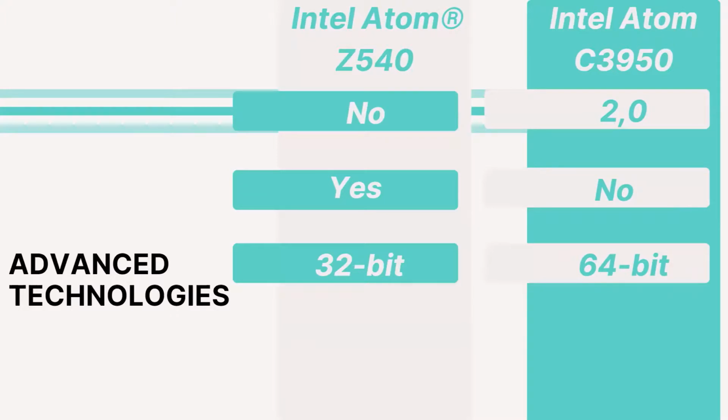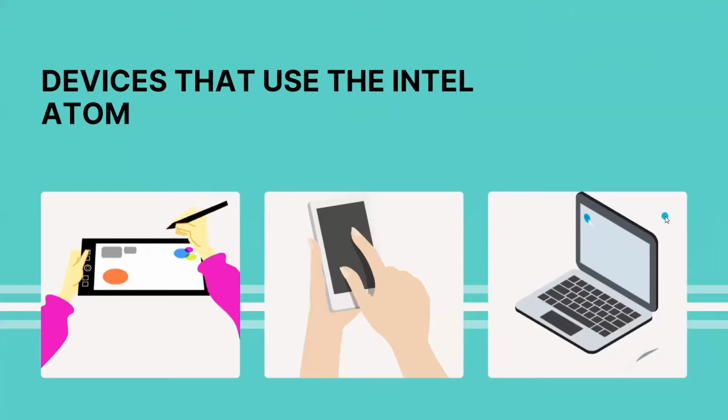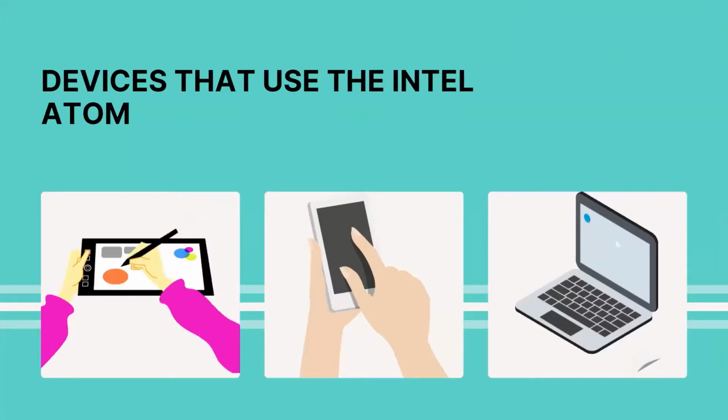The C540 has 32 bits, while the C3950 has 64 bits. As the last comparison is the device that uses the Intel Atom processor.